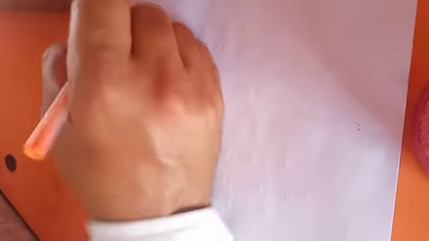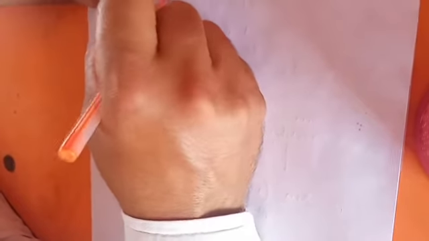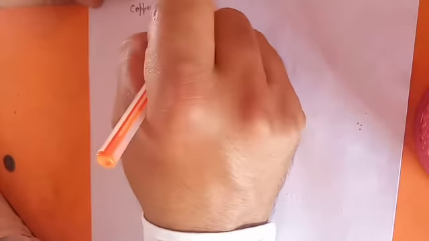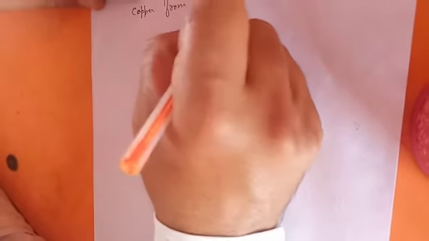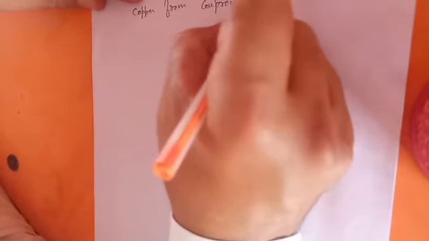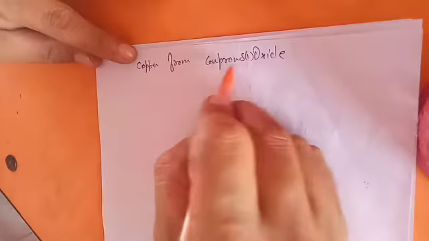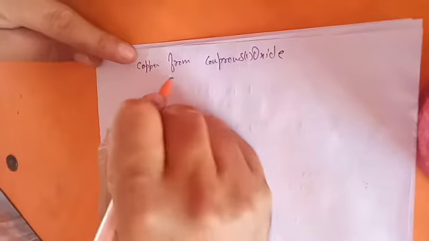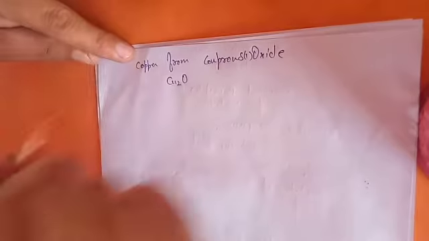Now let's move further to some more elements we extract. One is copper from cuprous oxide. In cuprous oxide, copper exists in the first oxidation state. That is Cu2O.